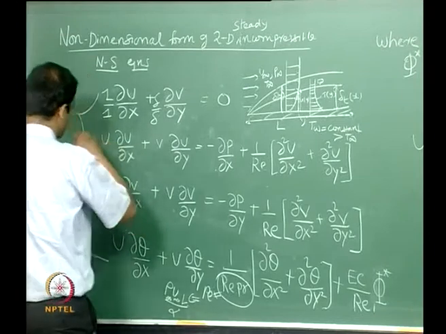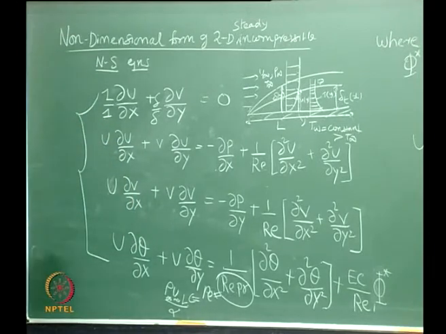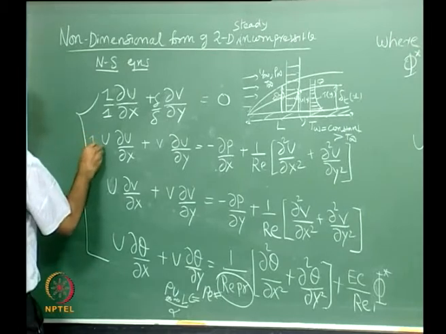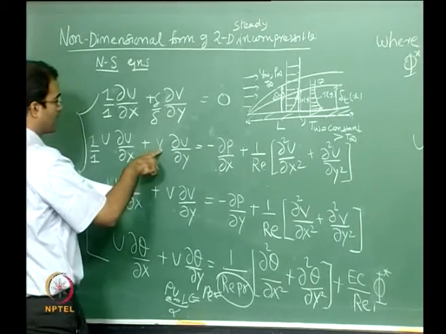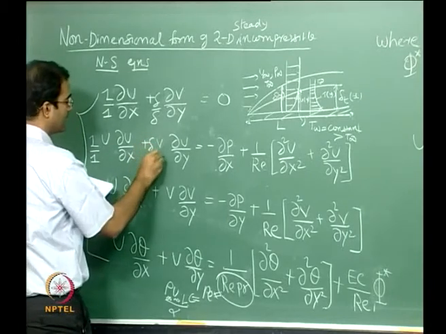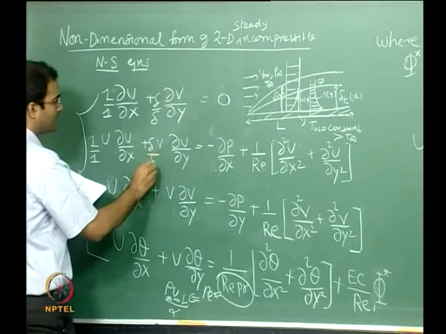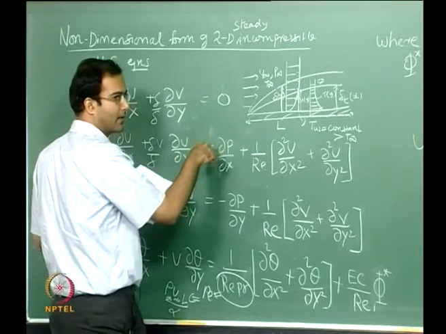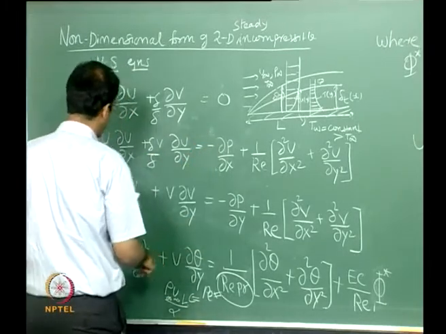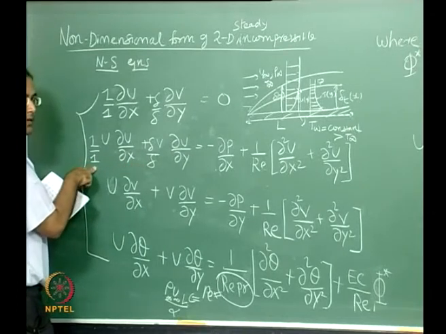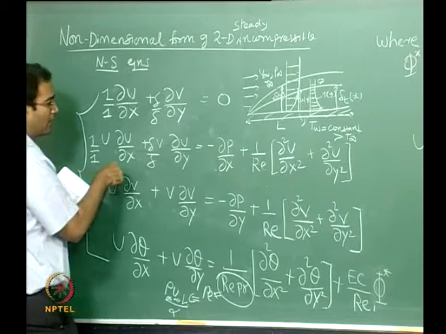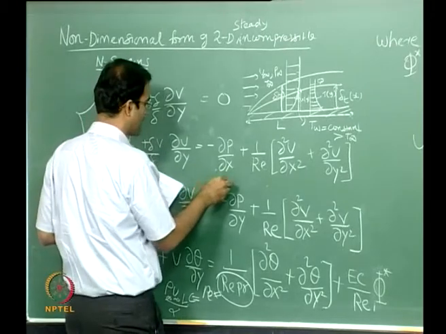Coming to this term, u into du by dx. So u is of the order of 1 by 1. Now this is of the order of delta by delta. We don't know the order of magnitude of this, but you can quickly see that the order of magnitude of these two are the same, which is of the order of magnitude 1. Therefore in order to balance, this should be of the order of magnitude 1.